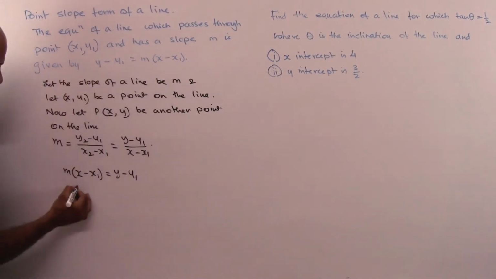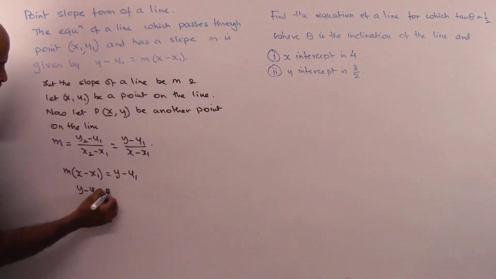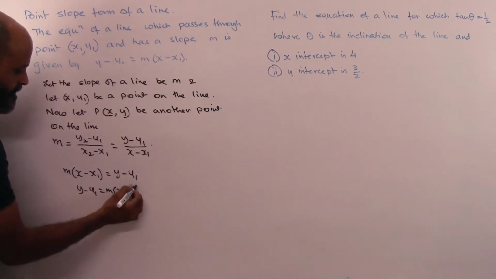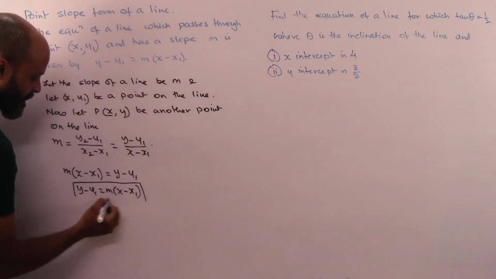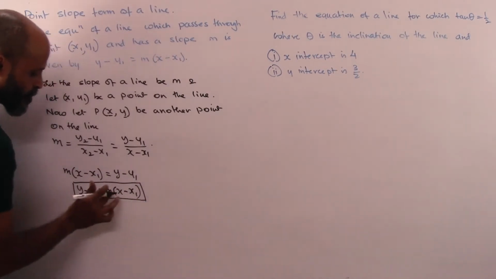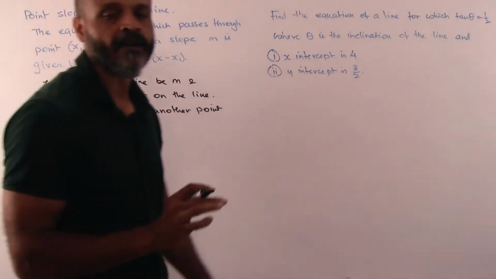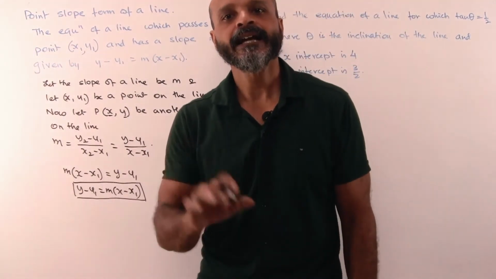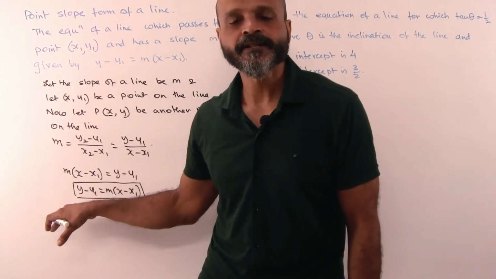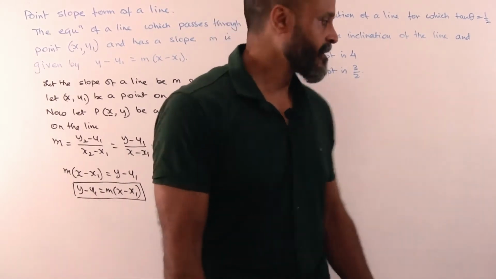So y minus y1 is equal to m into x minus x1 is the equation of the line. For any line, if we know the slope to be m and are aware of a point with known coordinates x1, y1, we can represent the point slope form of the line by this equation.